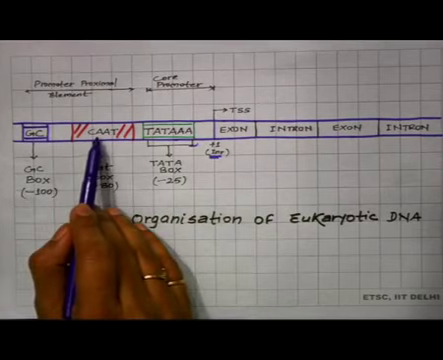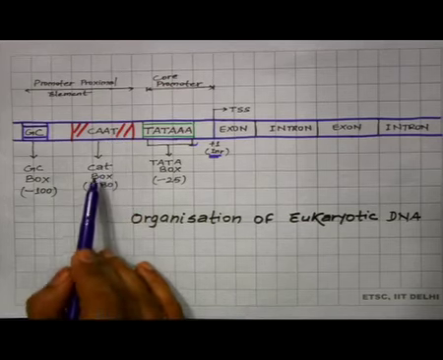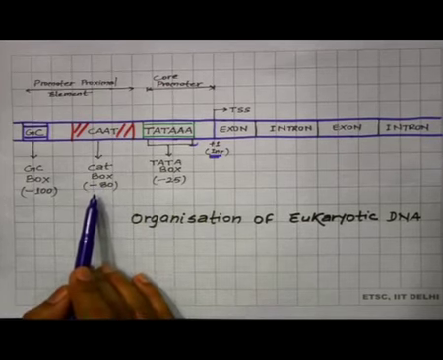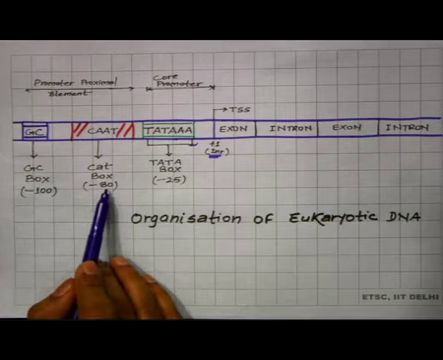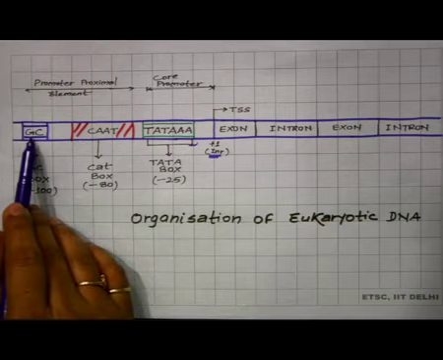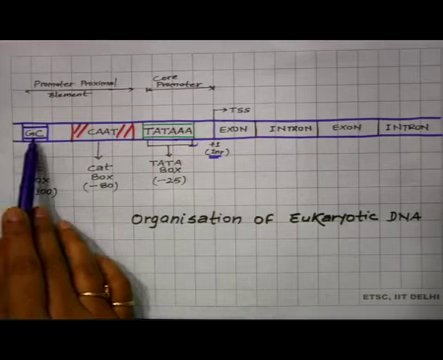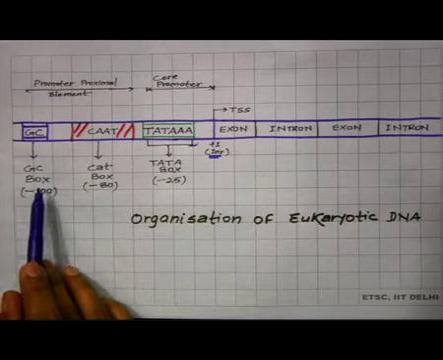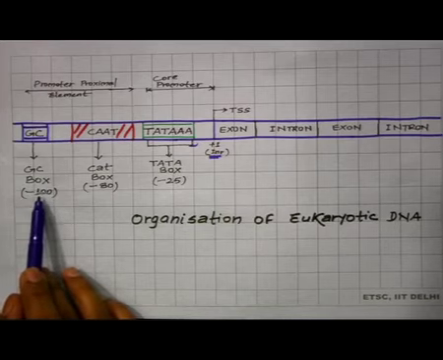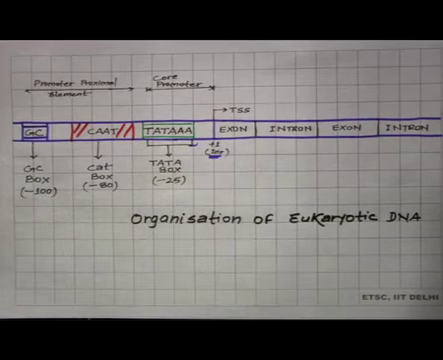One is CAAT, also known as the CAT box, which is located at about -80 from the transcription start site, and another consensus sequence is GC, also known as the GC box, which is located at about -100 from the transcription start site.